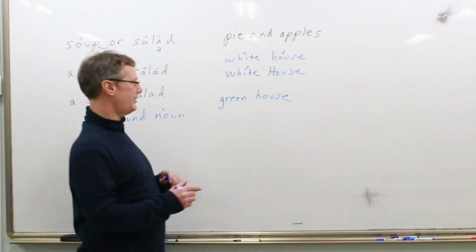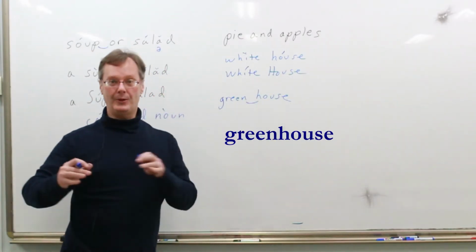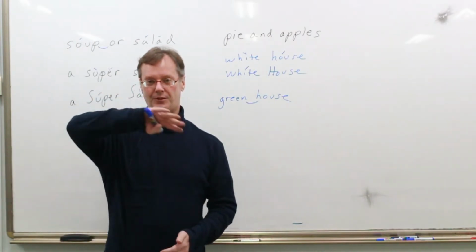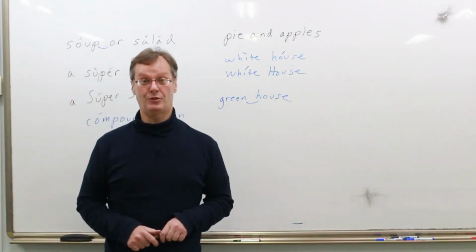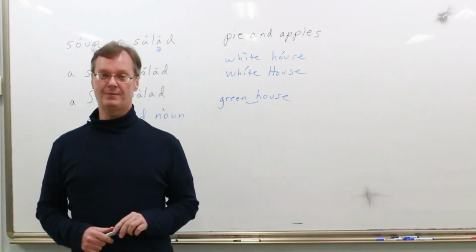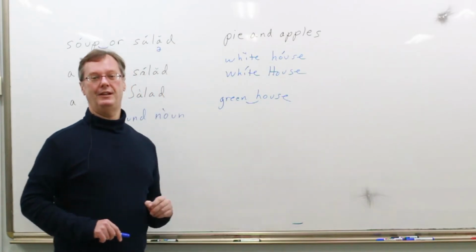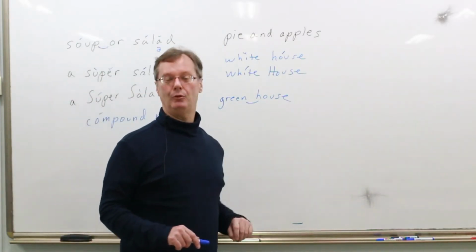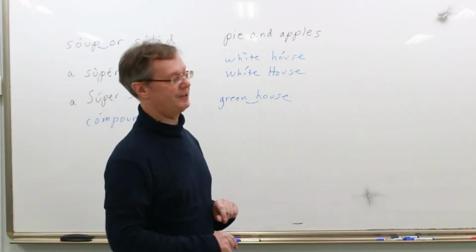But a greenhouse, if you write them together, it would be funny if you live in a greenhouse, because that's kind of a special structure where you grow things like strawberries. Well, you must really love your strawberries if you live in a greenhouse. A greenhouse is a special place for growing plants, and a green house would be a colorful green-colored house.